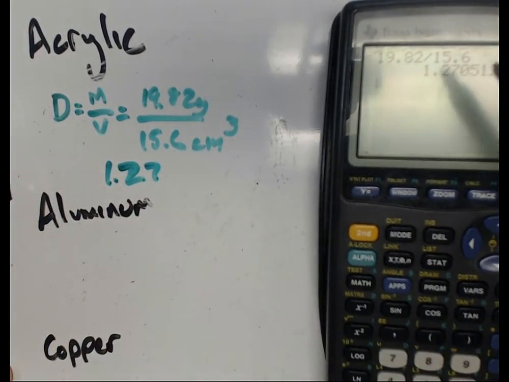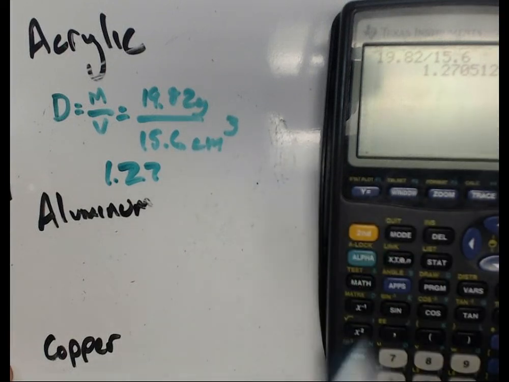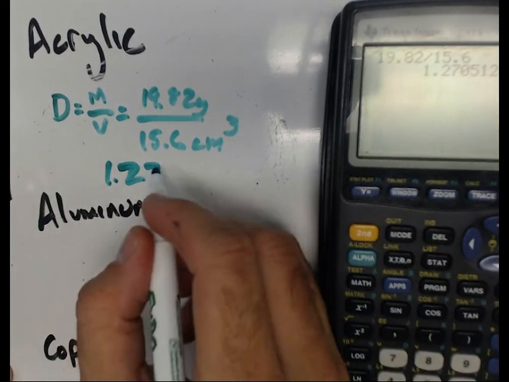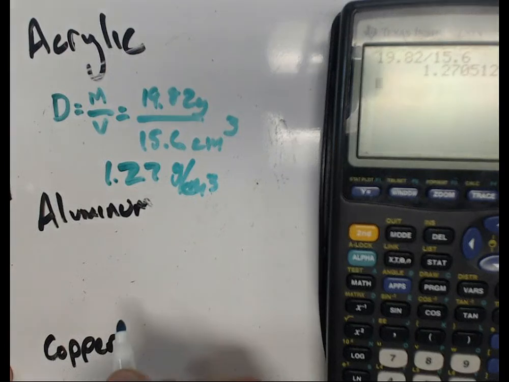Remember to use sig figs. This has 3 significant figures, and then you report it to 3 significant figures. The 4th place is a 0, so you just chop it off, and then it's grams per cubic centimeter.